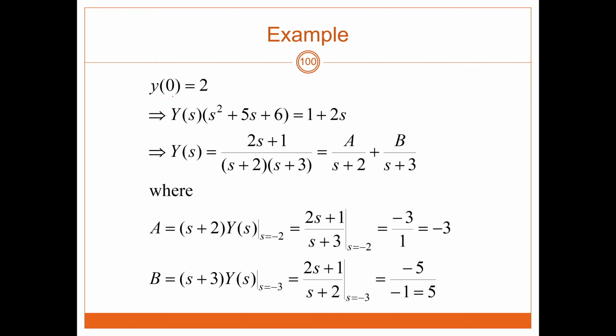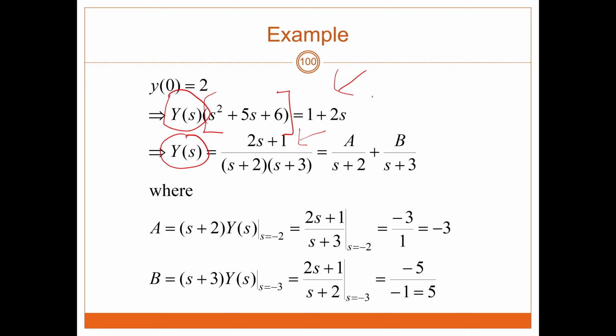So you put all the ys factorized here, and without the ys at the right part. So now ys equals 2s plus 1, rearranged, divided by s plus 2 multiplied by s plus 3. The numerator degree is also less.